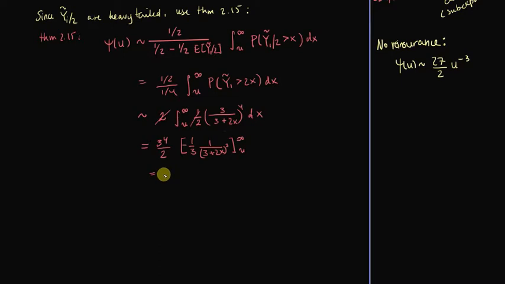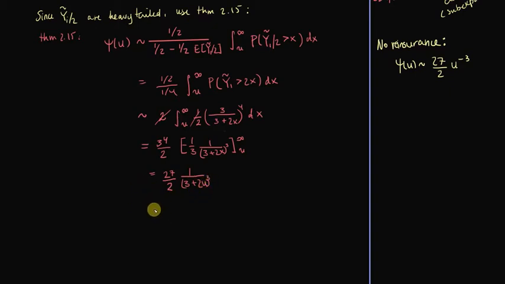And what we get is then 27 halves multiplied by, well, when we plug infinity into this expression, you just get 0. And then you have minus this term evaluated in u, which is 1 divided by 3 plus 2u to the 3rd.